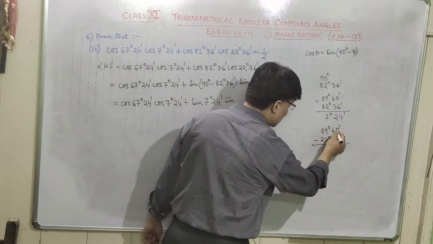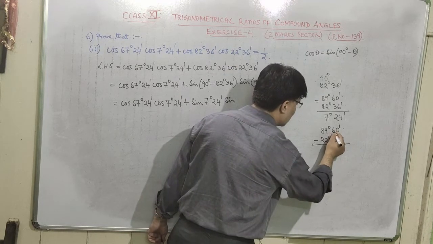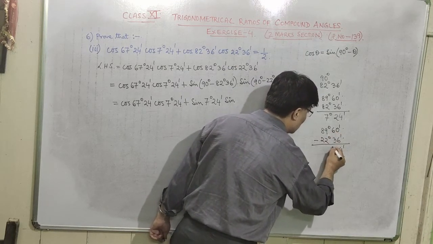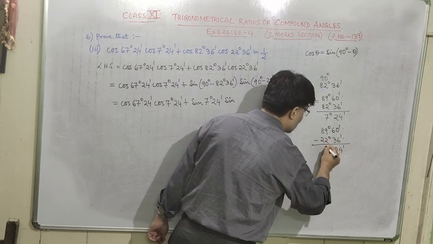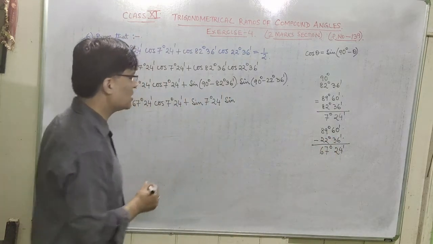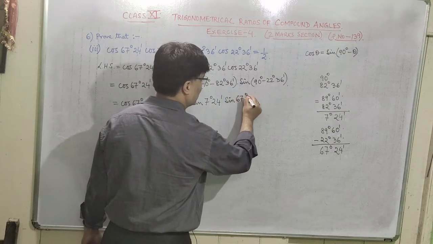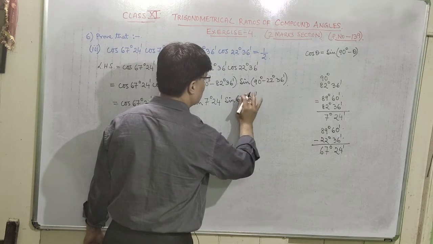Okay. So let's subtract it. 60 minus 36 is 24. 89 minus 22 is 67. So it is 67 degree 24 minutes.